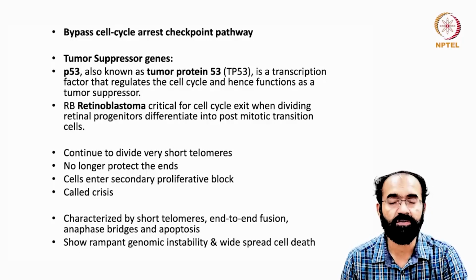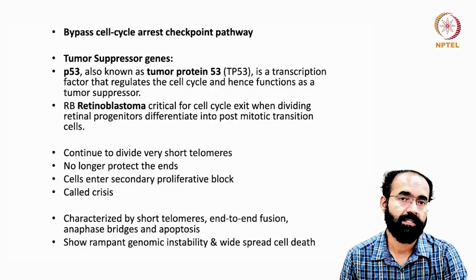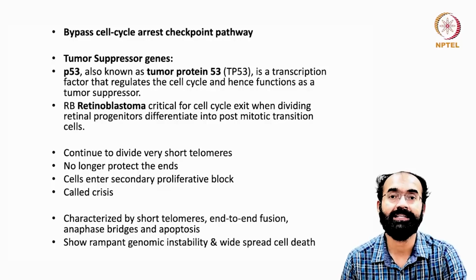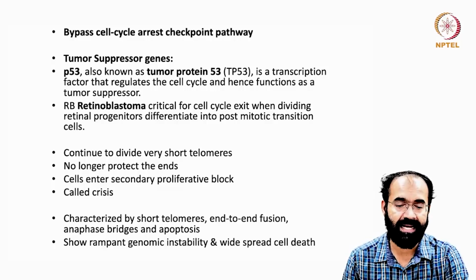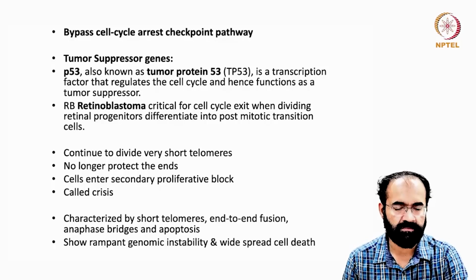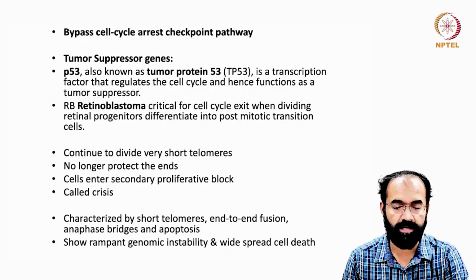The first proliferative block was in the M1 phase, where the Hayflick limit is reached, and then you reach a crisis period, that is M2, the secondary, and we call it a crisis phase. The first crisis is the Hayflick limit, once the telomere length has reached a particular point. The second is once the telomere length becomes further reduced.